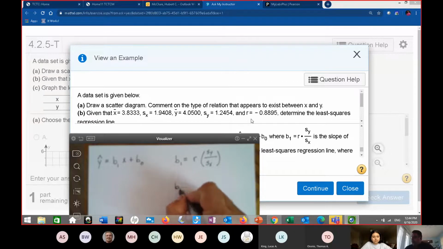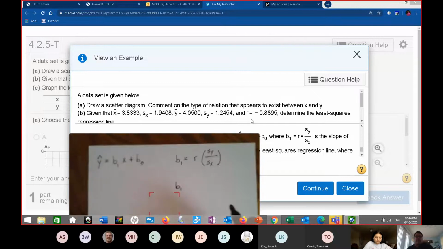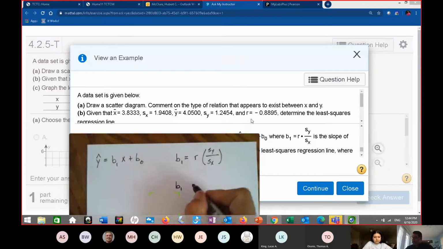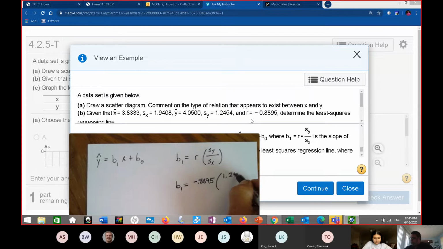B sub 1 is going to be equal to negative 0.8895 times s of y, 1.2454, over s of x, which is 1.9408.